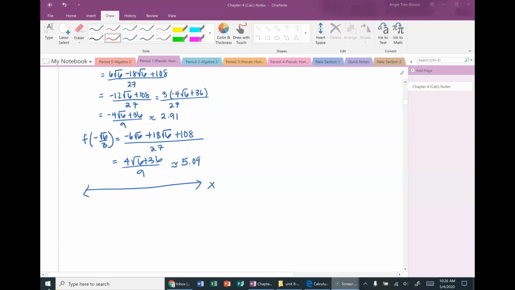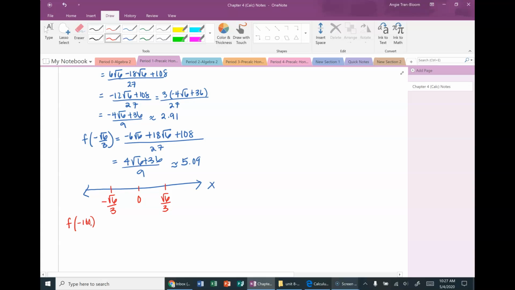So first things first, we're going to write in our two x locations. The first was a negative radical 6 all over 3. The second is a positive rad 6 all over 3. And obviously, in between a negative and a positive, there is a 0. And all I'm doing is, when I plug in a number on the left side of negative rad 6 all over 3, such as f of negative 100, I'm trying to see, is it higher than the y value we found, or is it lower?